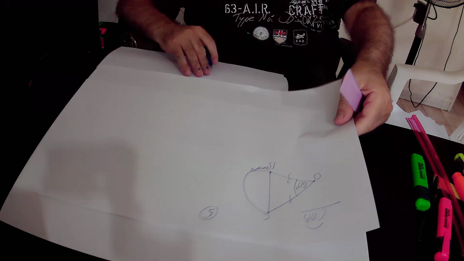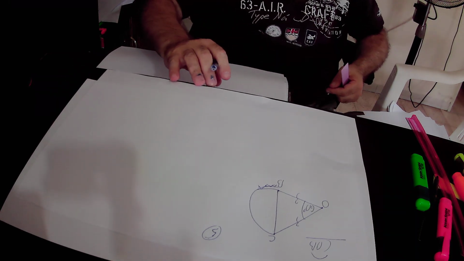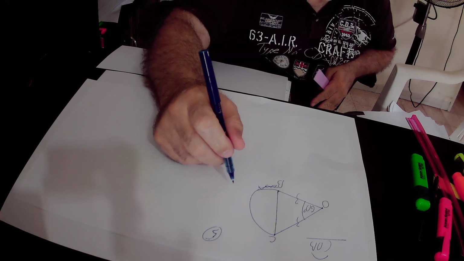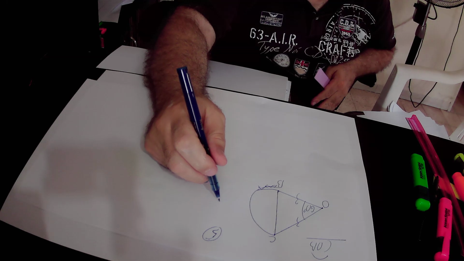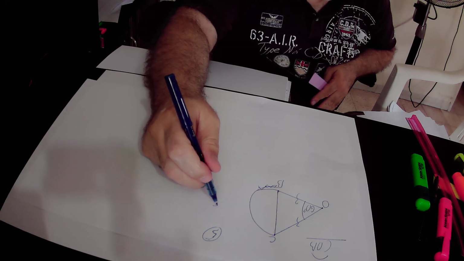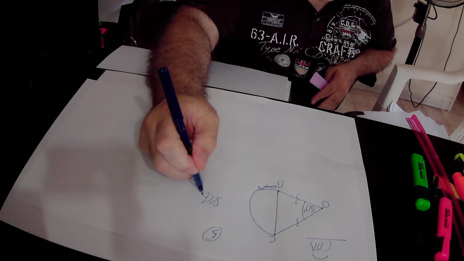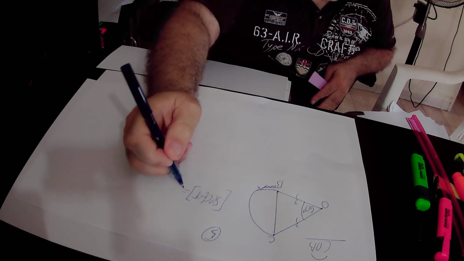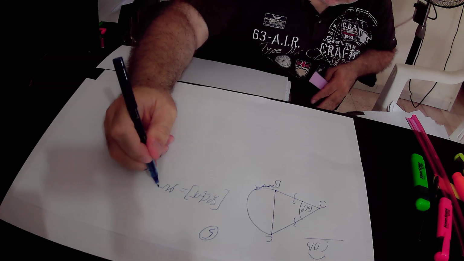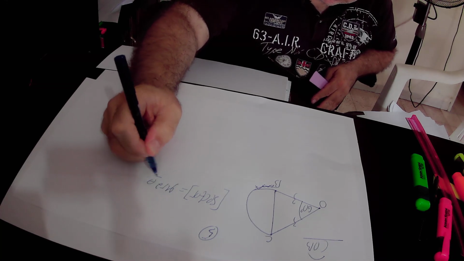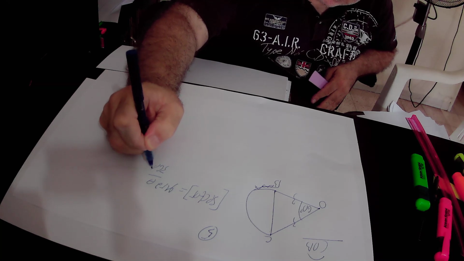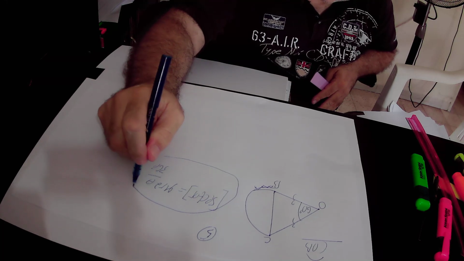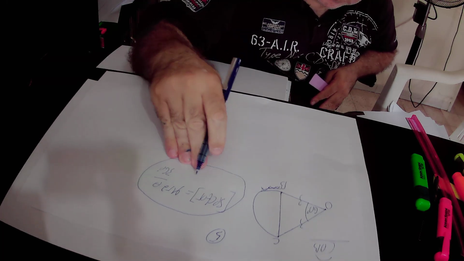So this is sector COB that is copied from the original drawing. You know that according to the new formula, the area of any sector equals pi r squared times theta over 360 degrees. Use this formula in order to find out the area of the sector COB.